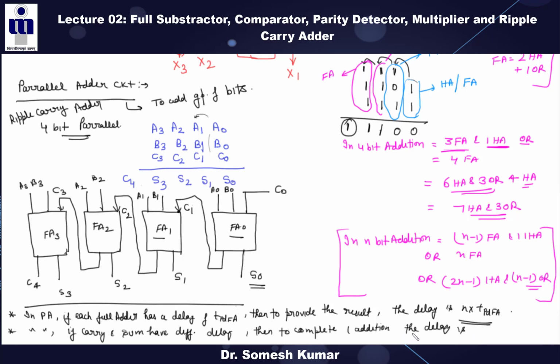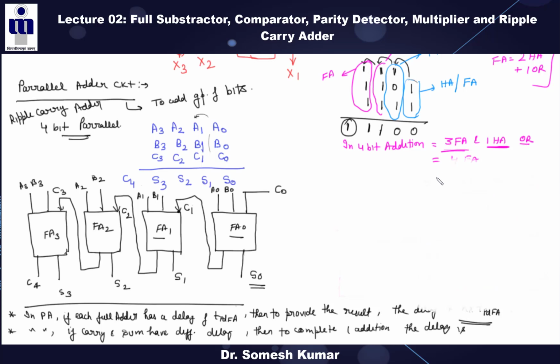I will give one numerical based on this. Don't worry, I am giving one example, then it is easy to understand. So this is TPD carry, this is TPD sum.